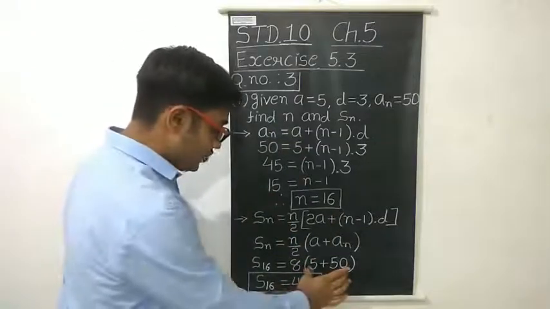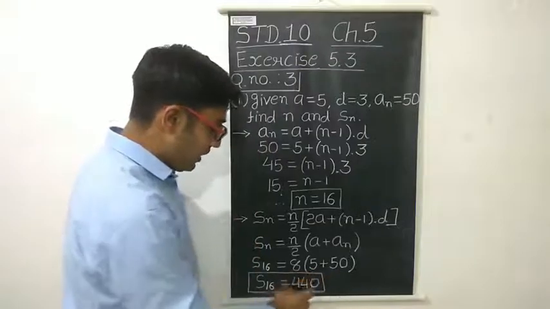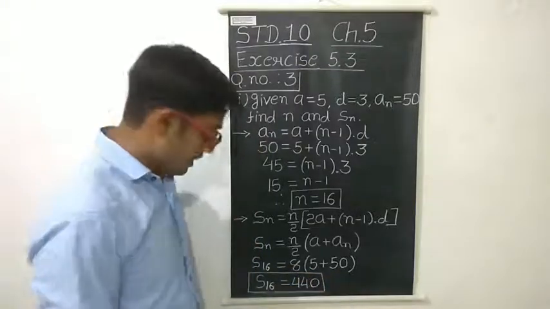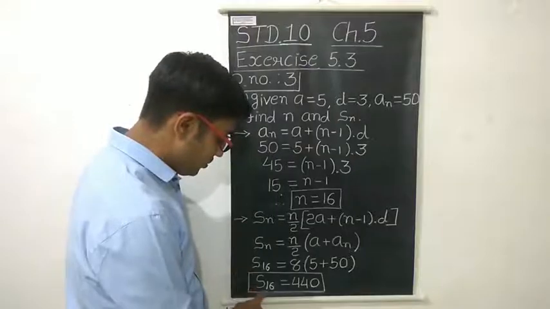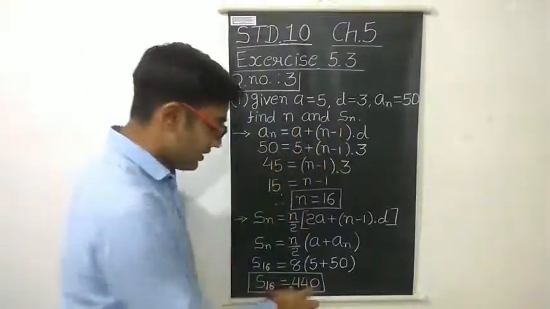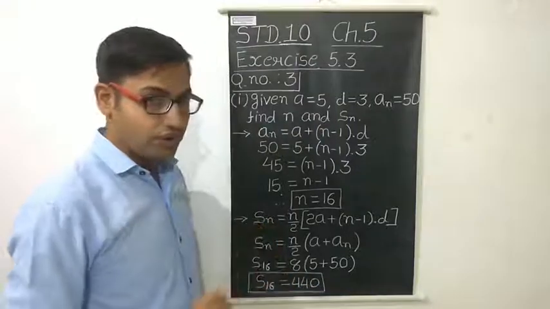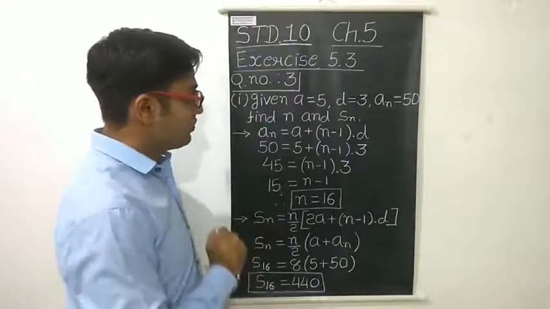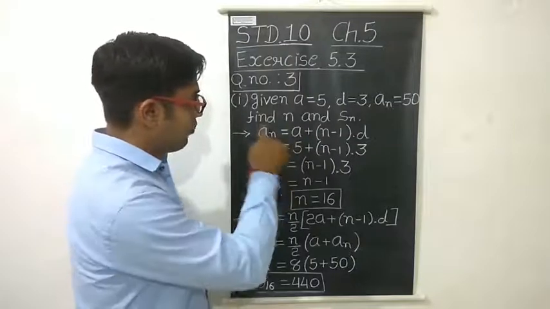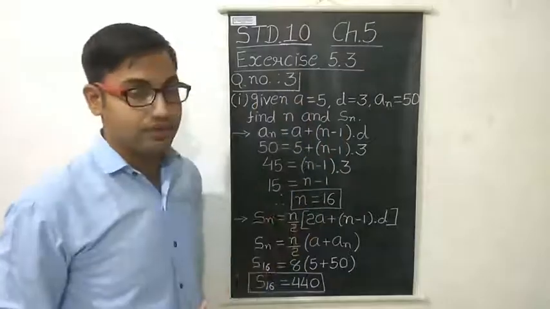Now the addition of 50 plus 5 is 55, and 55 into 8 is 440. So the addition of the first 16 terms, S16, is equal to 440. Okay, so in this way we can find out the unknown values by using whatever we have given.